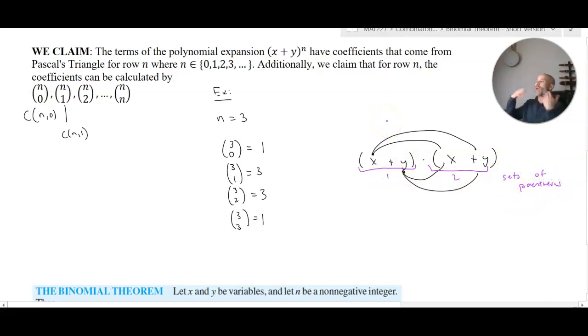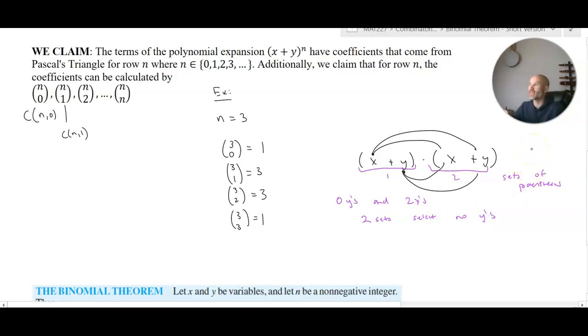If I were to just randomly start this multiplication process, and I were just to pick an element in the first set of parentheses with which to multiply an element in the second set of parentheses, the question is, how many ways are there for me to select 0 y's and 2 x's? Well, to select 0 y's would mean that from 2 sets of parentheses, select no y's.